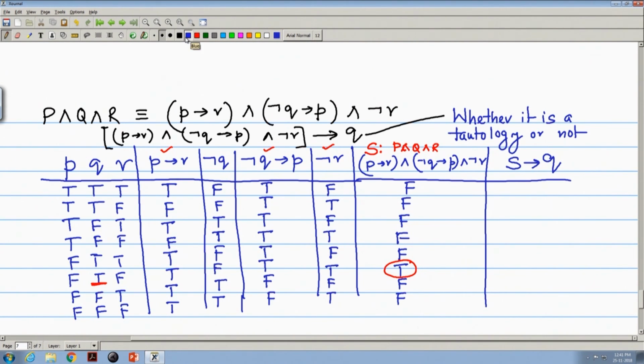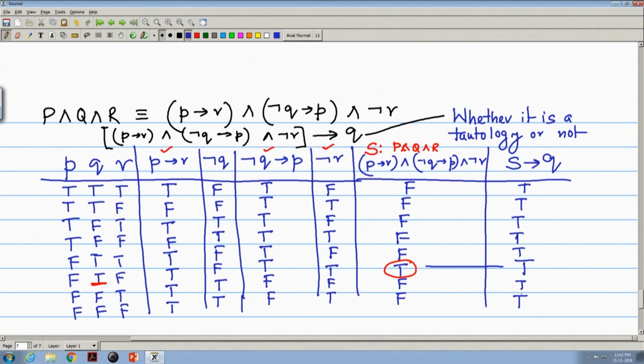In all remaining cases, since my S is F, S to Q is vacuously true.